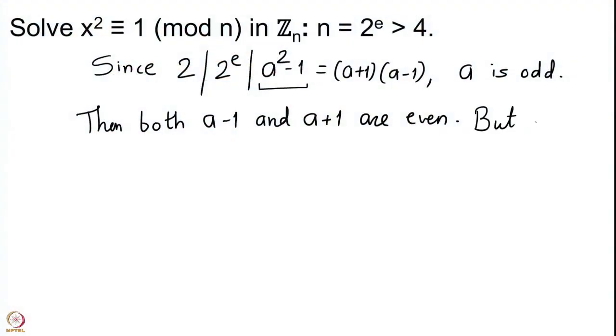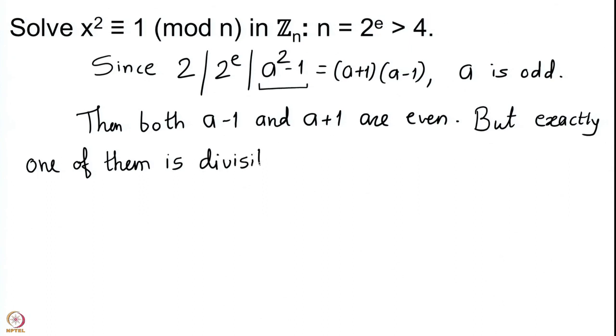Exactly one of them is divisible by 4. Both cannot be divisible by 4 because then 4 will have to divide the difference, which is 2. So, exactly one of them is divisible by 4.